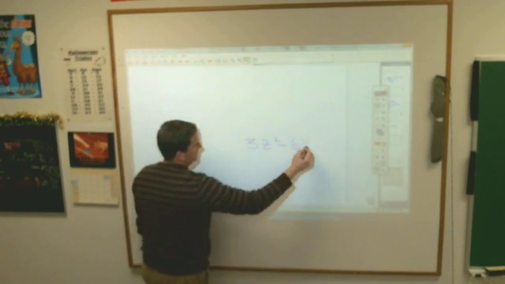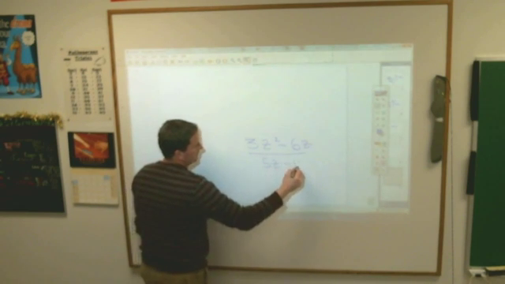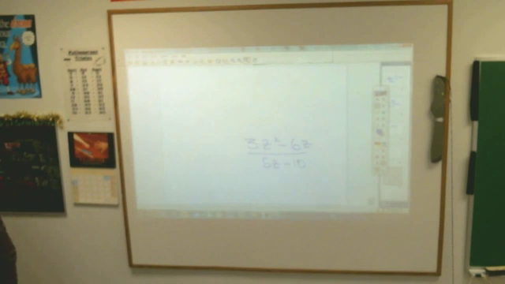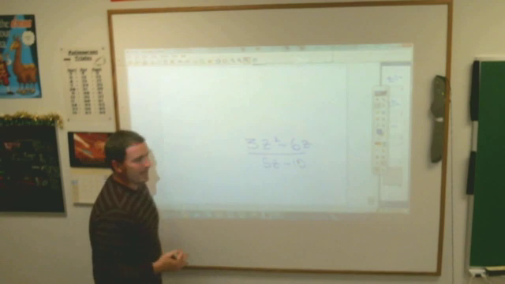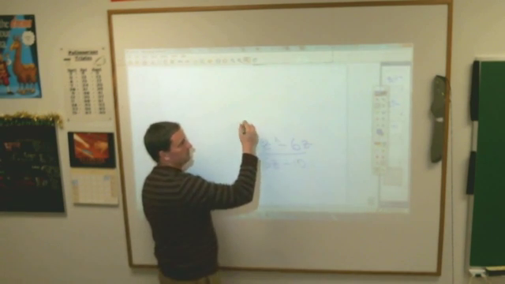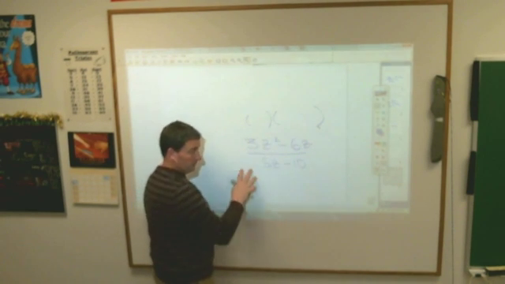As that stands right there, you cannot do any crossing off because there are no factors. When you've got two different terms, you're going to have to get something in parentheses times something in parentheses, and hopefully the parentheses match up.